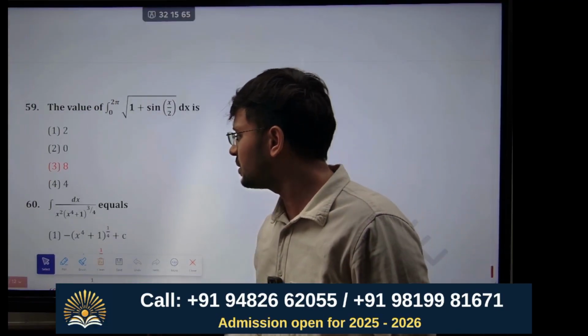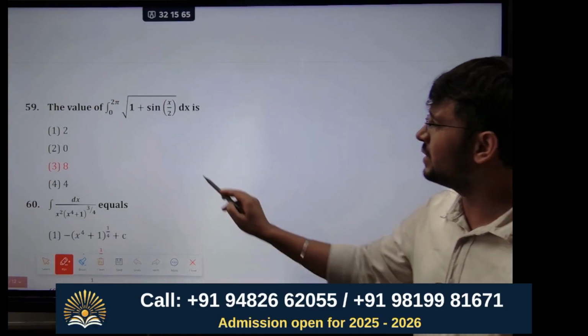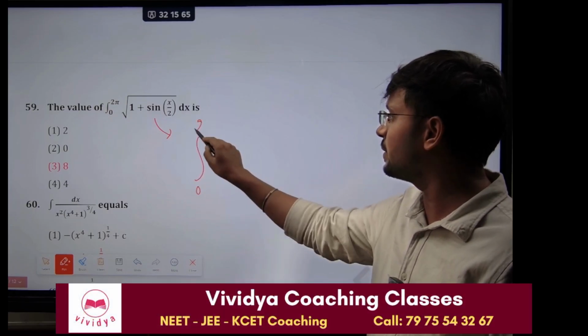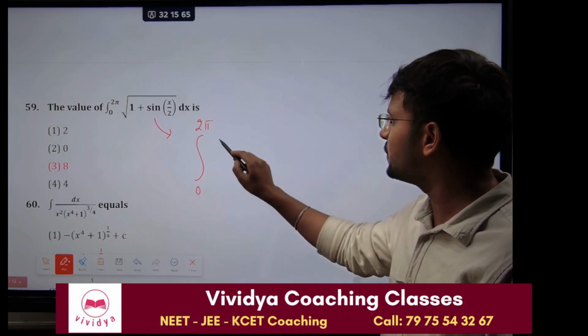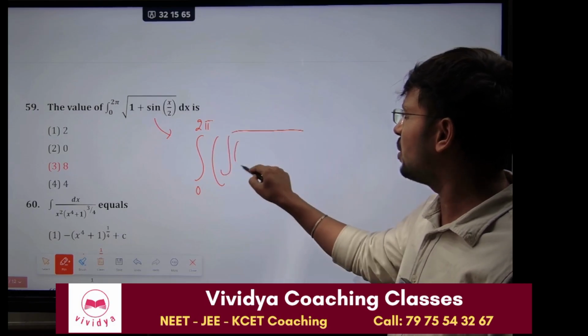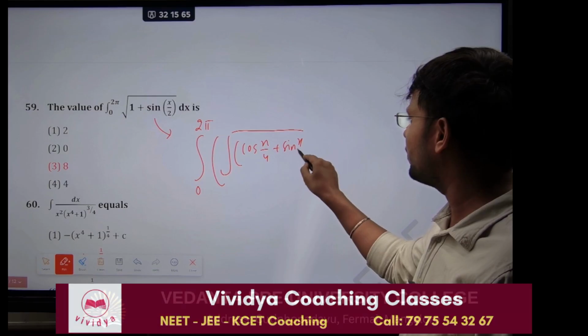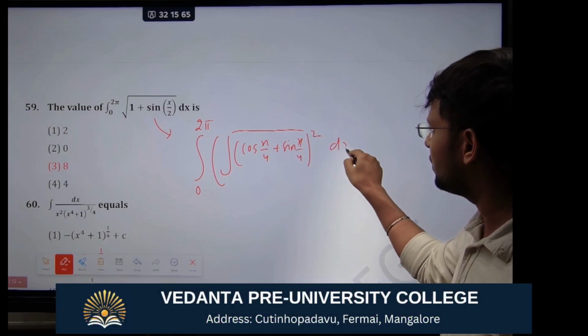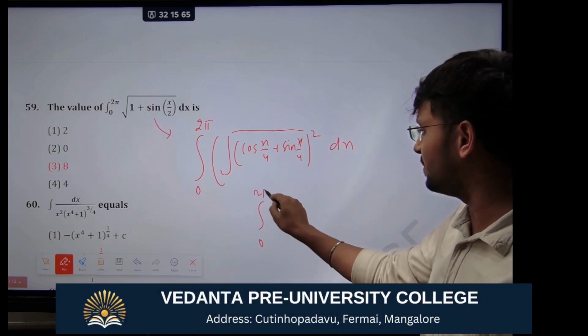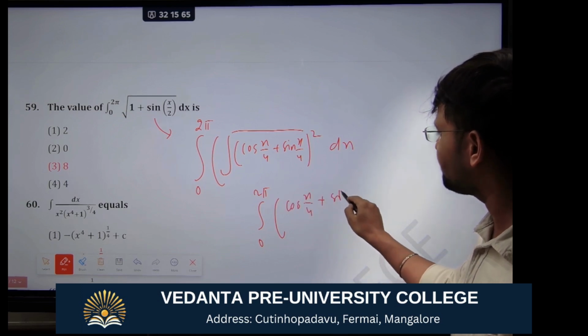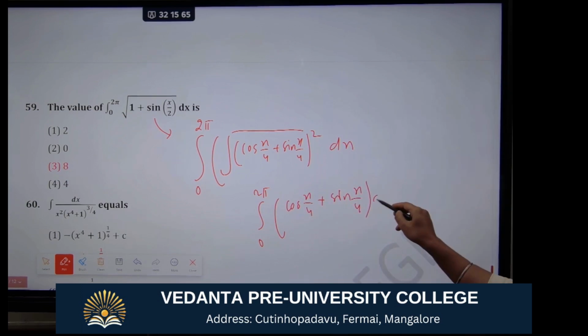Now again this 1 plus sin x, again I can use the formula for 1 plus sin theta. So this I can write from 0 to 2 pi, cos x by 4 plus sin x by 4 whole square, by the formula. So from 0 to 2 pi, it will come out cos x by 4 plus sin x by 4 dx.